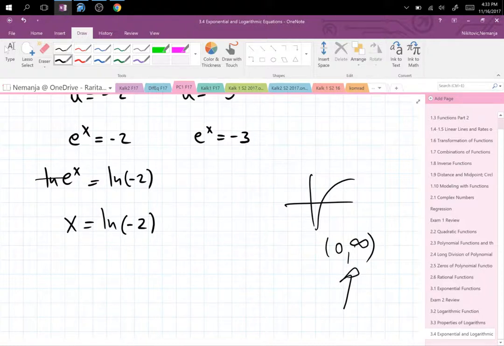Finally, you take your abacus and you punch ln -2 and you get error. Depending on which calculator you use, some calculators will actually give you a complex solution. We dealt with complex numbers. We know complex numbers exist, 3 plus 2i. This has a solution in a complex world.